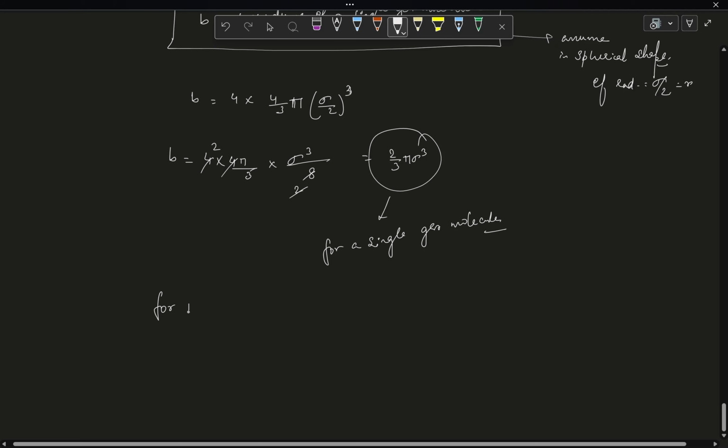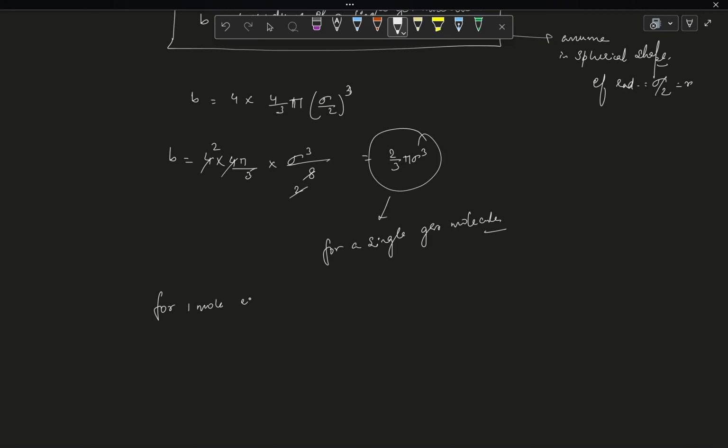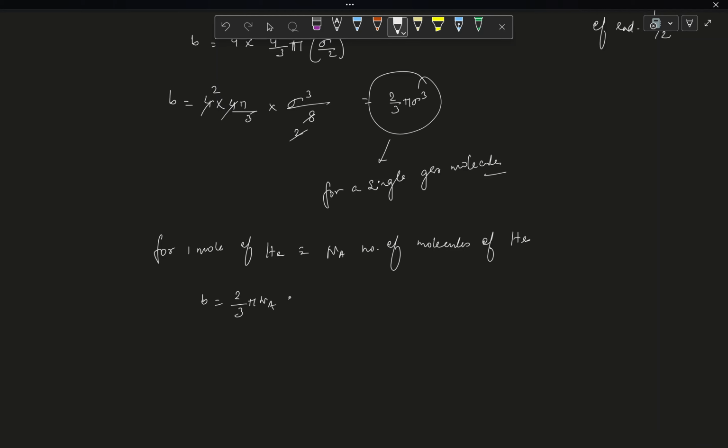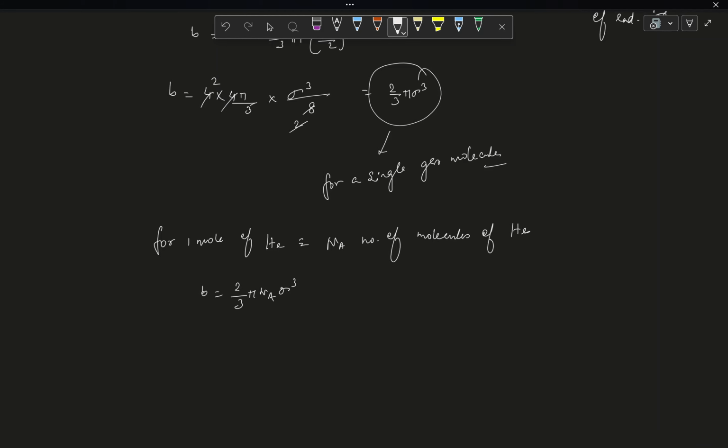So for 1 mole of helium, which is equal to Na, Avogadro number of molecules of helium, the B value will simply be multiplied by Na. So this is 2/3 pi Na sigma cube. Okay.